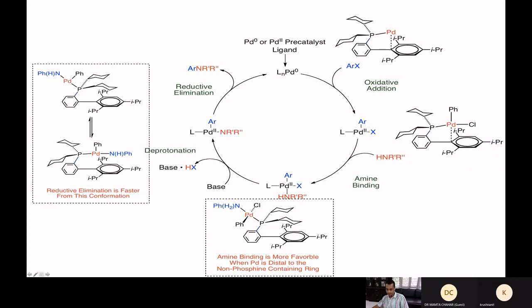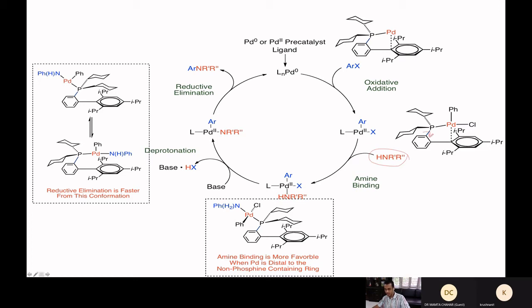To start with, for the ligand palladium 0 complex, this palladium is on top of this phenyl ring. During oxidative addition, it is still on top of this phenyl ring. But during amine binding, this crowding is such that this amine cannot bind with the palladium in this orientation. So palladium takes the help of the CP bond rotation.